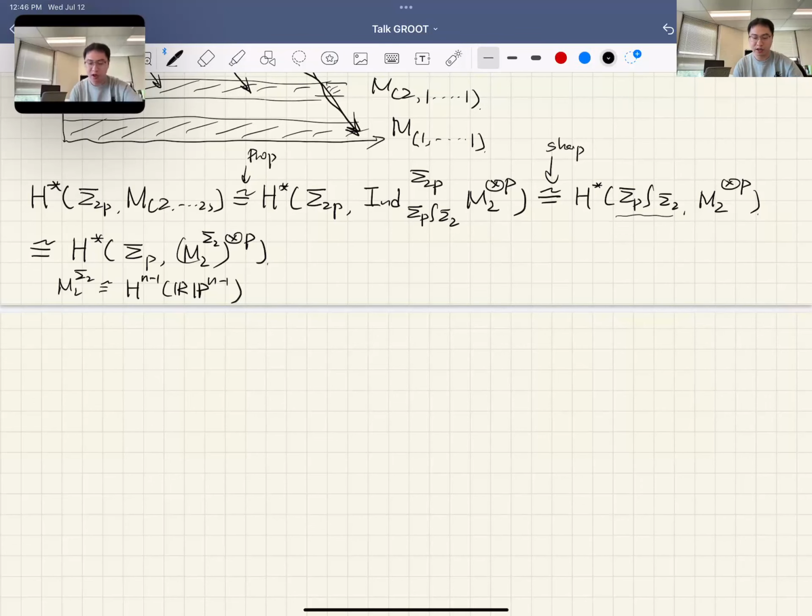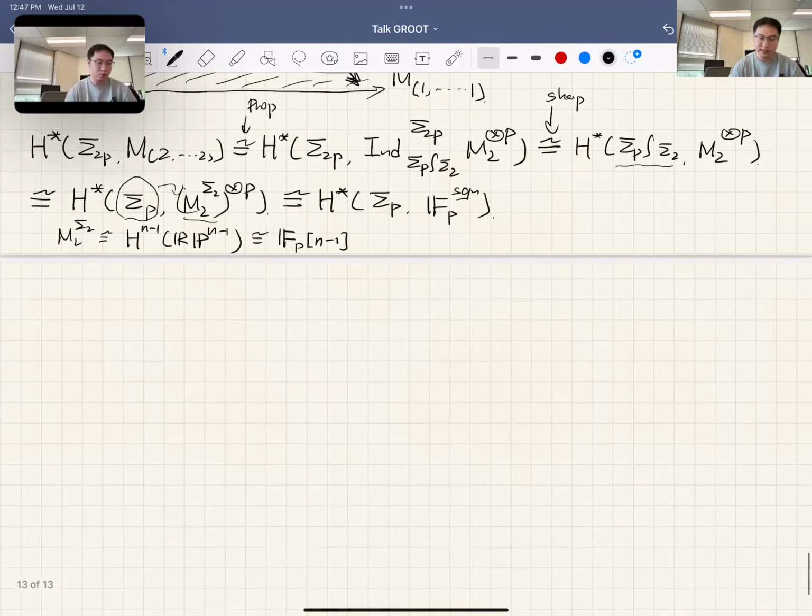If you recall, I mentioned this example a long time ago, this is just the ground field with grading n-1. And you can see that sigma p acts on this by permuting the factors, and for each factor we permute, we actually add a -1 sign in front. So this is actually isomorphic to H star of sigma p with the sign representation.